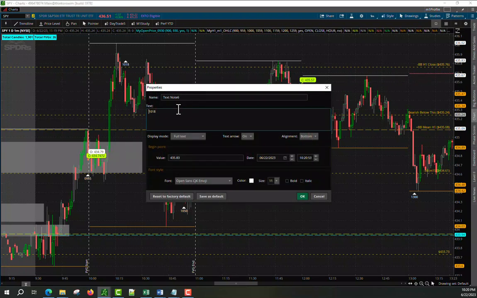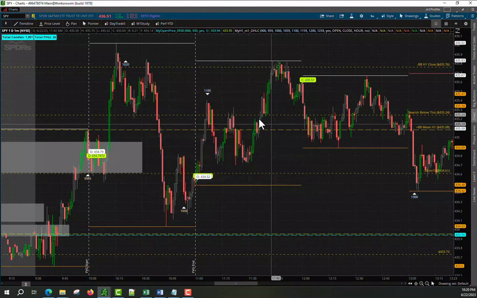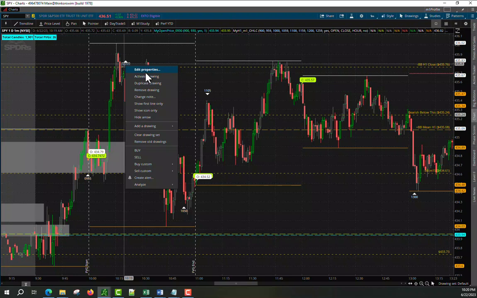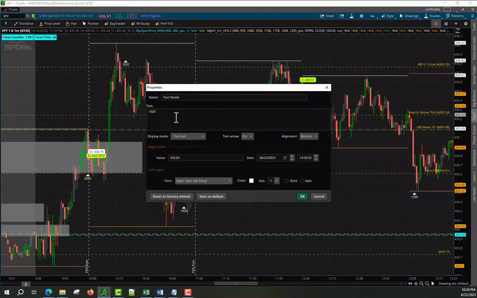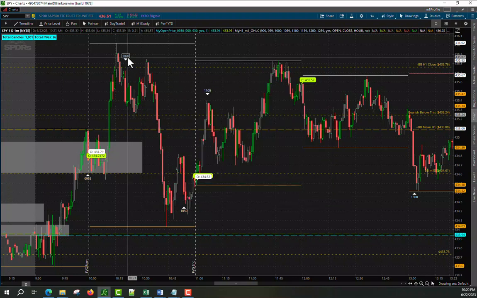So 10:20, then that will fit our setup. Otherwise, we don't have the setup. And when we don't have the setup, we're not going to trade. We're not going to check the trade if the setup is not there.